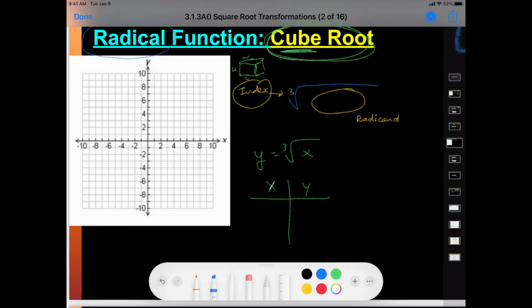If I put in a value of x, let's just say I put in 0, essentially that would be 3 identical numbers that multiply to be 0. Well, that would just be 0. Let's try it with a different one. Let's try -1.